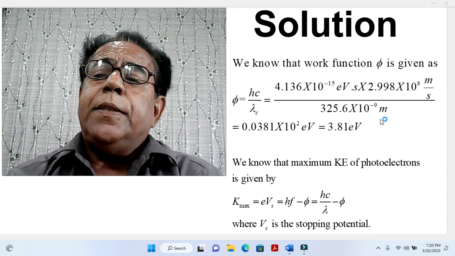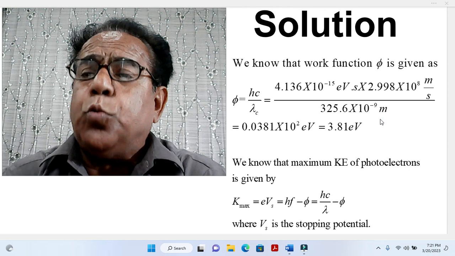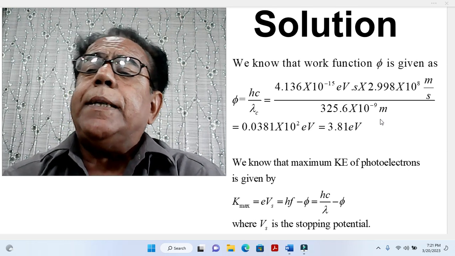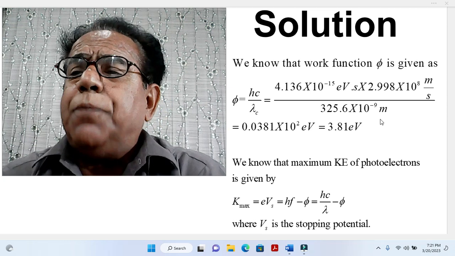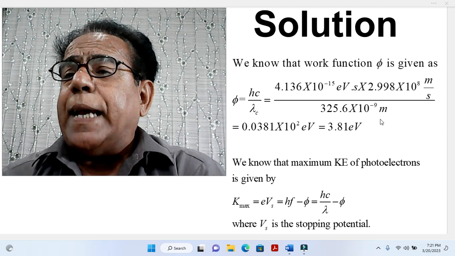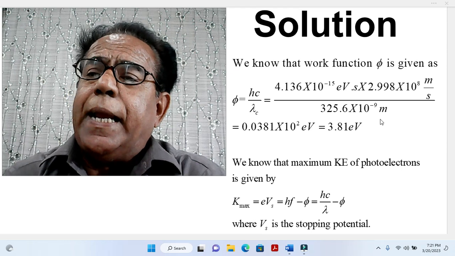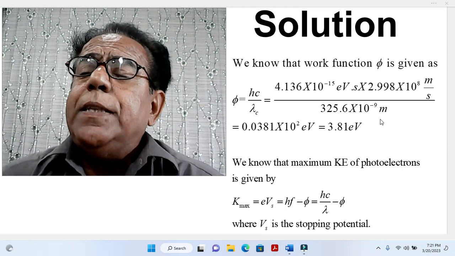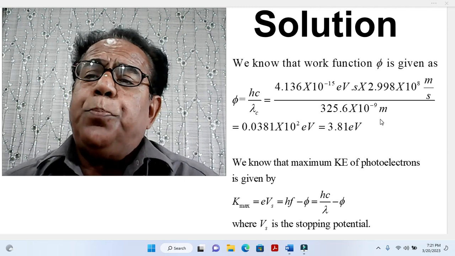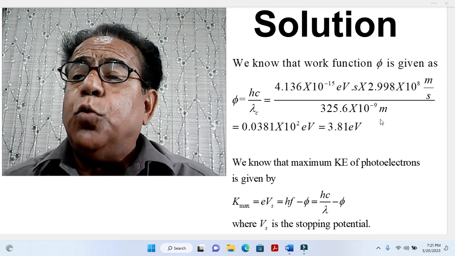While simplifying, second will be cancelled out with second, meter will be cancelled out with meter, and we will be left with electron volt: 0.0381 into 10 raised to the power 2 electron volt.